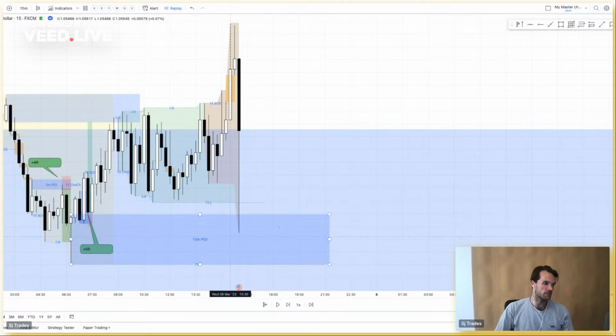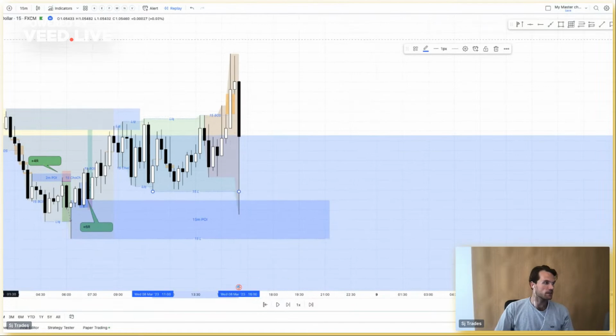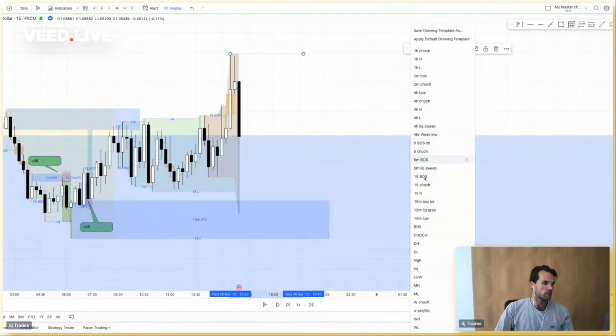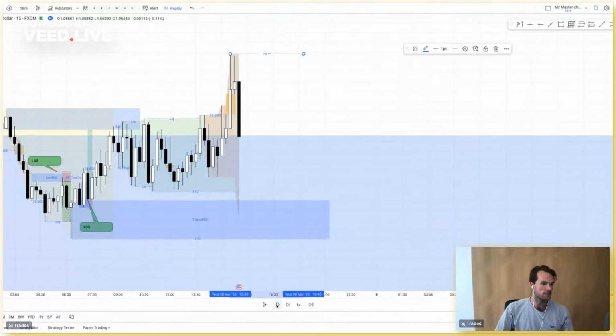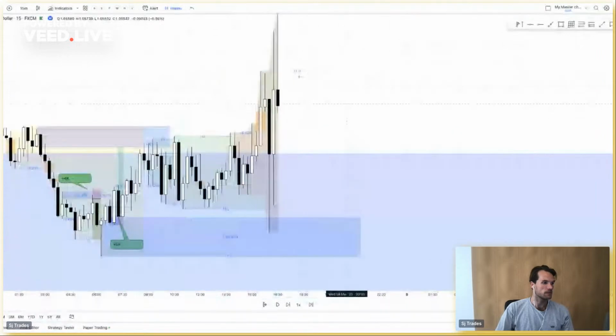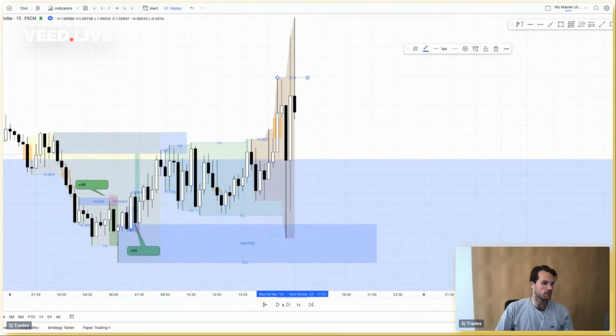Interesting that we tapped into this 15-minute demand. Broke the high, broke here, swept the lows by the looks. This is our high. That will depend on how this candle closes. Okay, we've got wicks, wick breaks, liquidity, swept the lows, swept the highs.